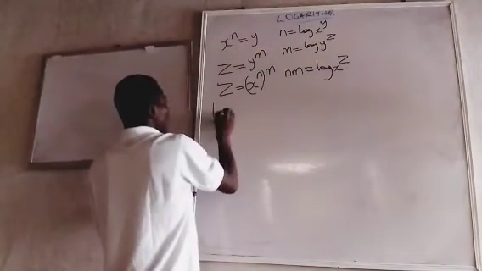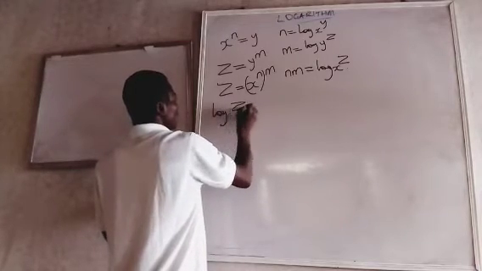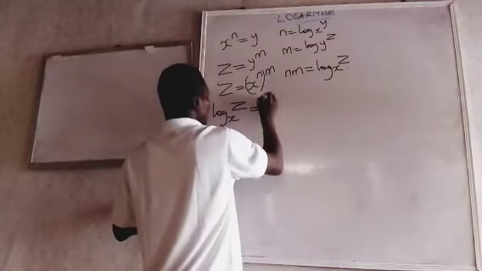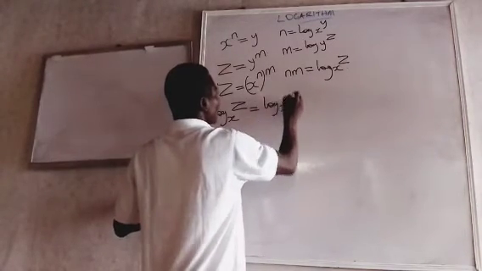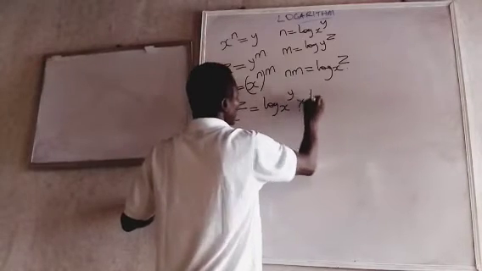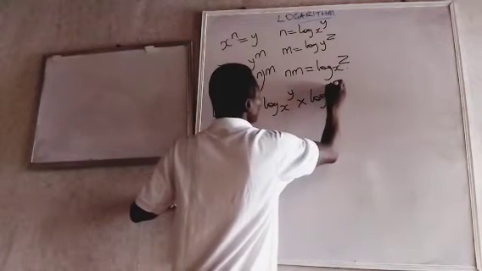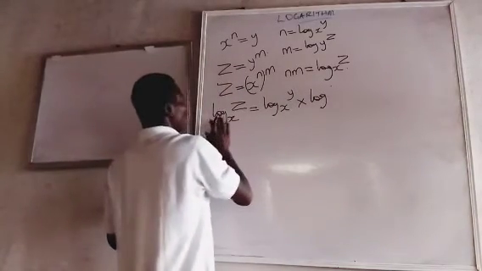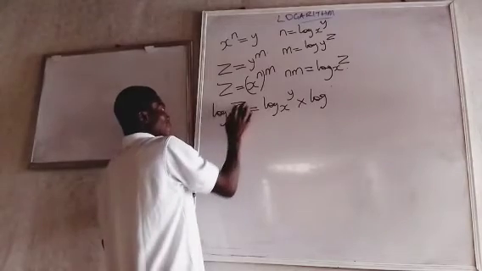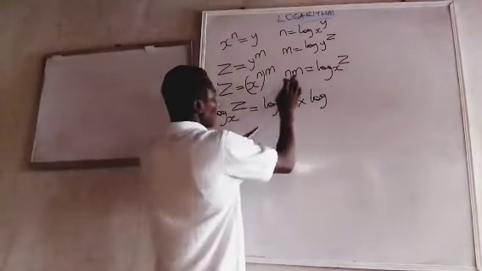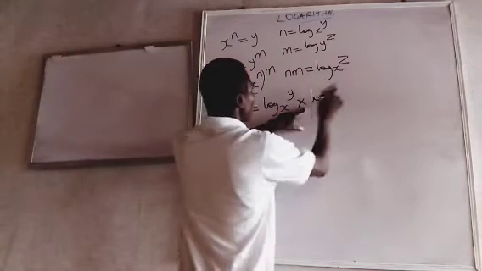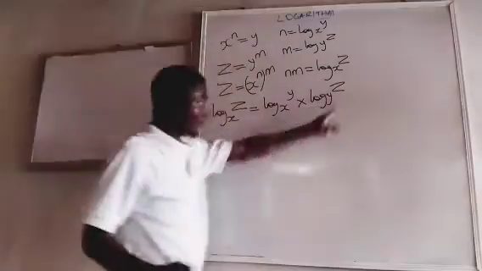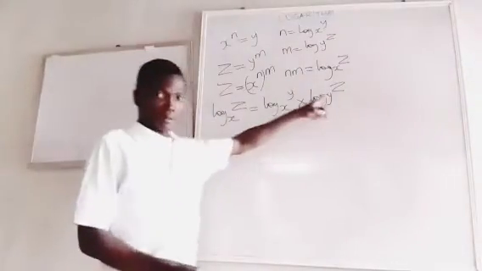So you can now say log z to the base of x is equal to nm, that is log y to the base of x times log z to the base of y. So we can say log z base x is equal to log y base x times log z base y. You can see, just like chain rule.